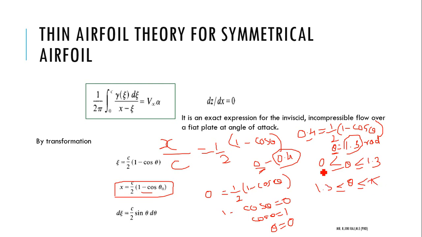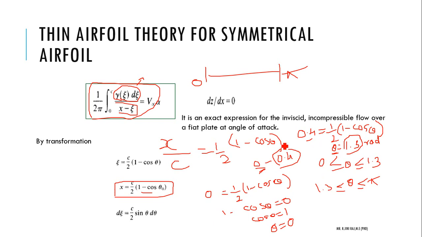The limit will be, in thin airfoil theory also we have this equation. We have the limit for this equation from 0 to c, that means 0 to some chord length. We will transform x minus psi and all in the form of theta, and we find the chord will lie between 0 to pi.